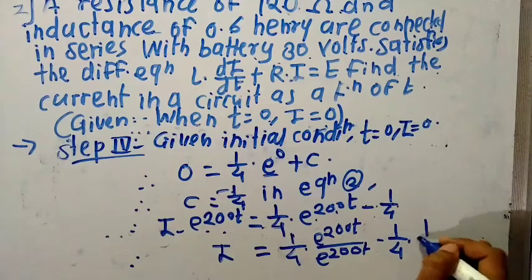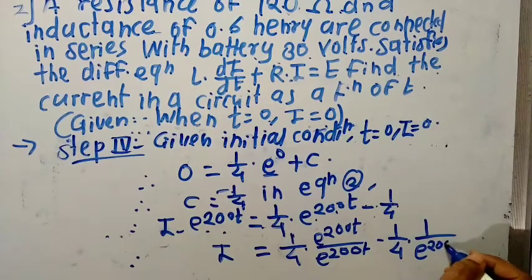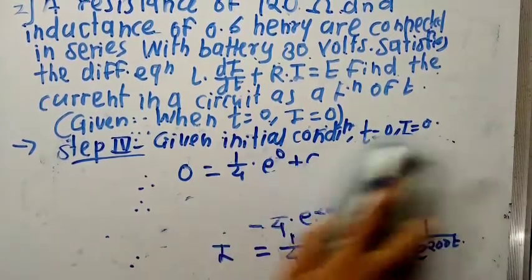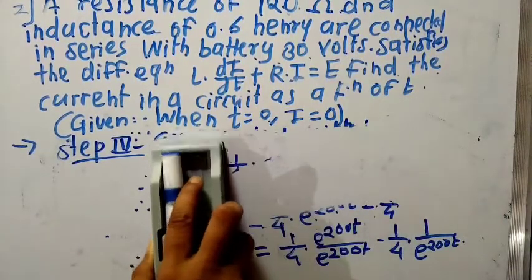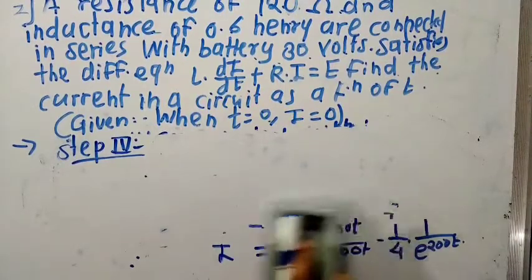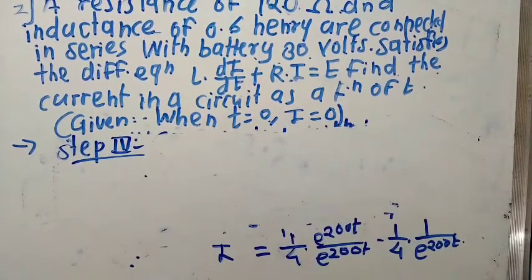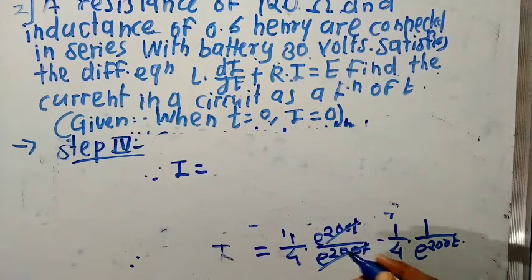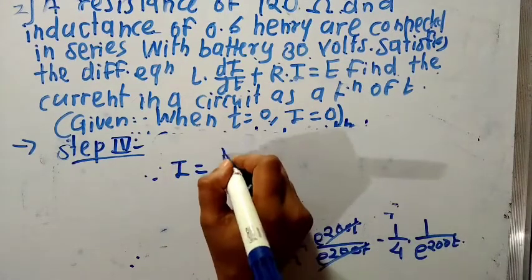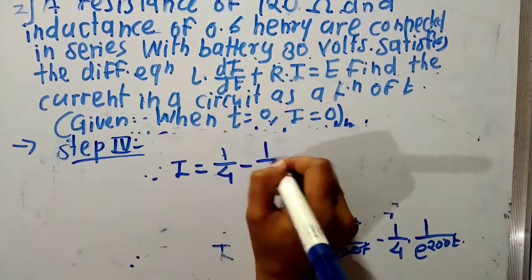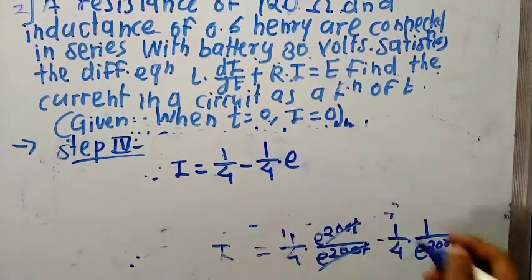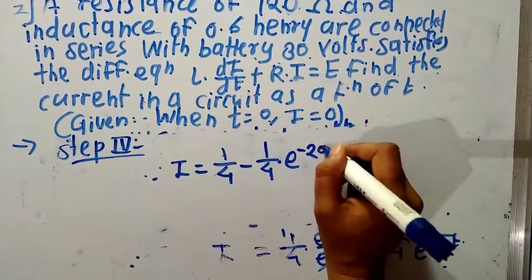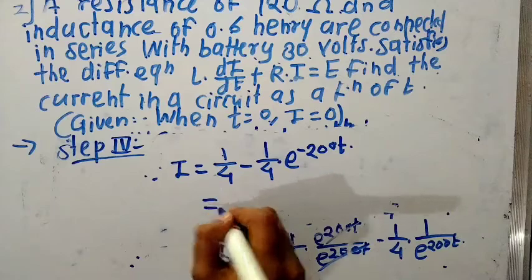Then find out I, which is equal to 1 by 4 minus 1 by 4 into e raised to minus 200 t.